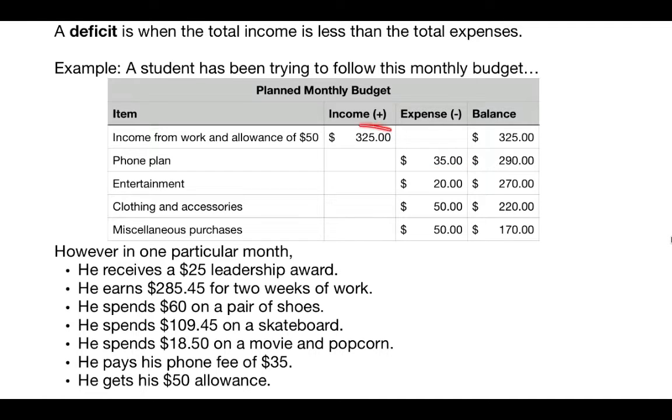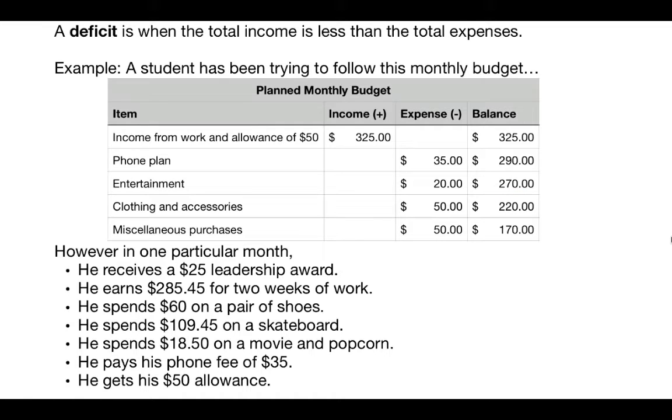Notice how the 325, which is income, is a positive amount. But when you have an expense, we subtract that away. So this 290 is the 325, take away the $35, and what's left over is $290. The entertainment is another cost, so we take the 290 and subtract 20, and we're left with 270.